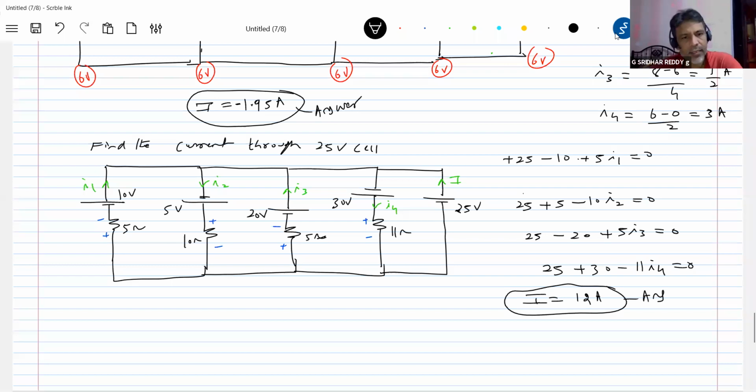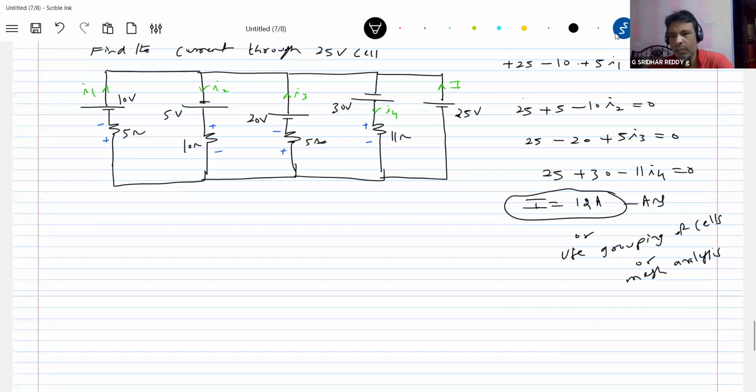Grouping of cells also can be applied here, or use grouping of cells or mesh analysis, or you can go for the branch current method.